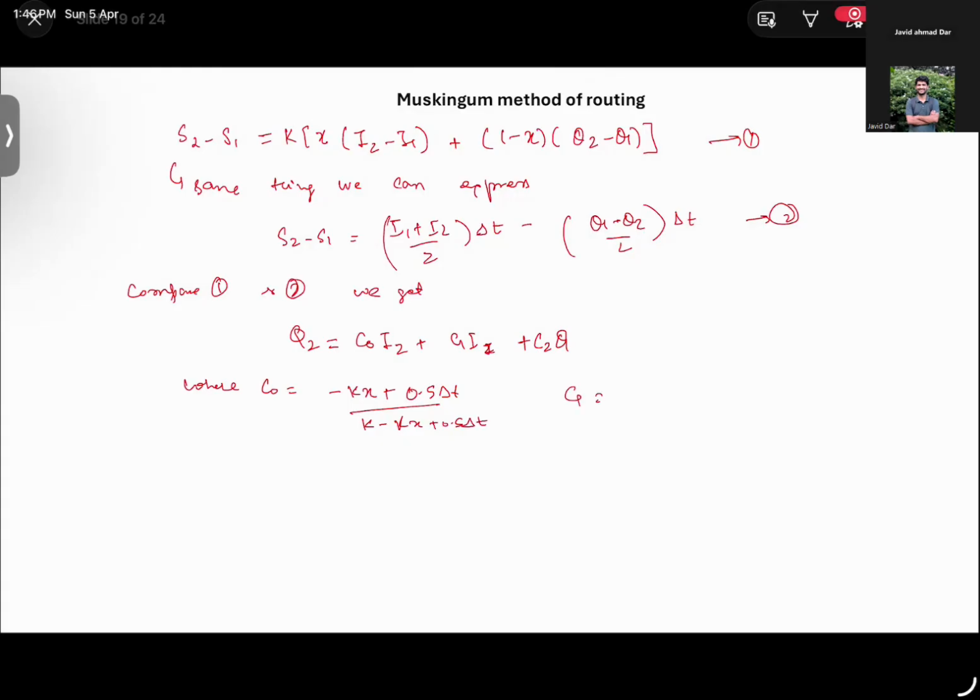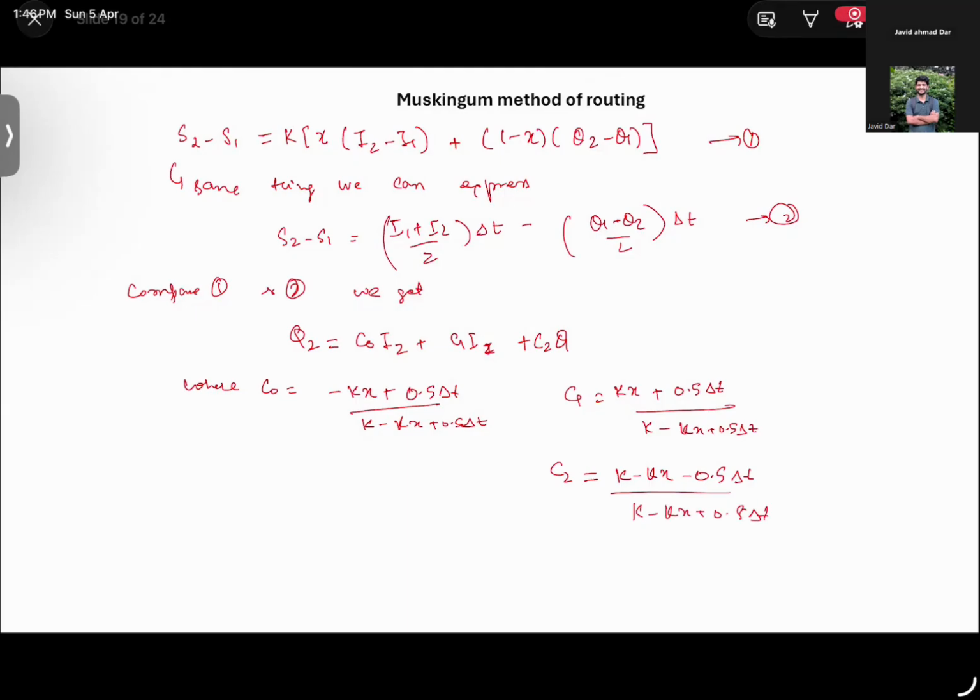Similarly, C1 is Kx plus 0.5 times delta t, divided by K minus Kx plus 0.5 times delta t. C2 is K minus Kx minus 0.5 delta t divided by K minus Kx plus 0.5 times delta t.